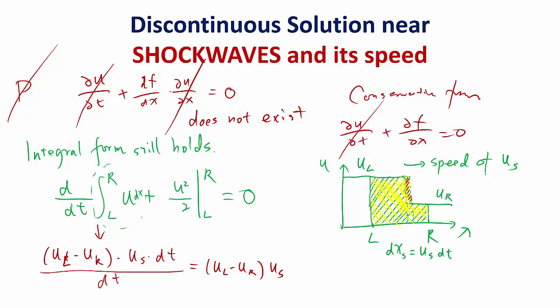If you take that control volume, the d/dt of the total amount of stuff within the control volume is given by this formula.